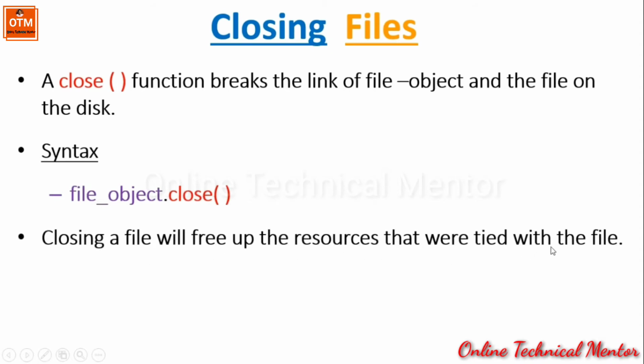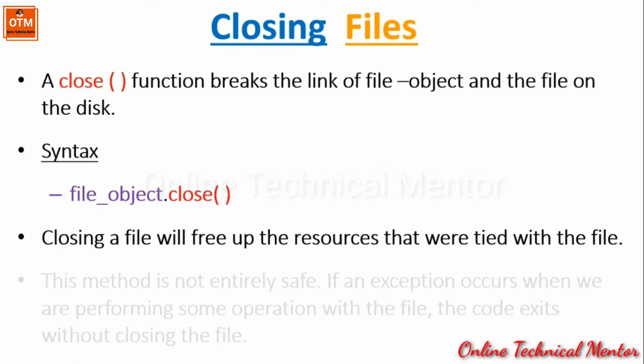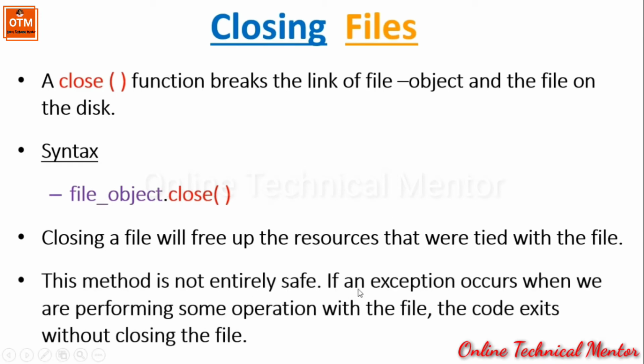Closing a file will free up the resources that were tied with the file. This file object holds different information related to the file it is pointing to, and by closing a file, it will release all resources tied up with the file. Now, this method is not entirely safe. If an exception occurs when we are performing some operation within a file, the code exits without closing the file.